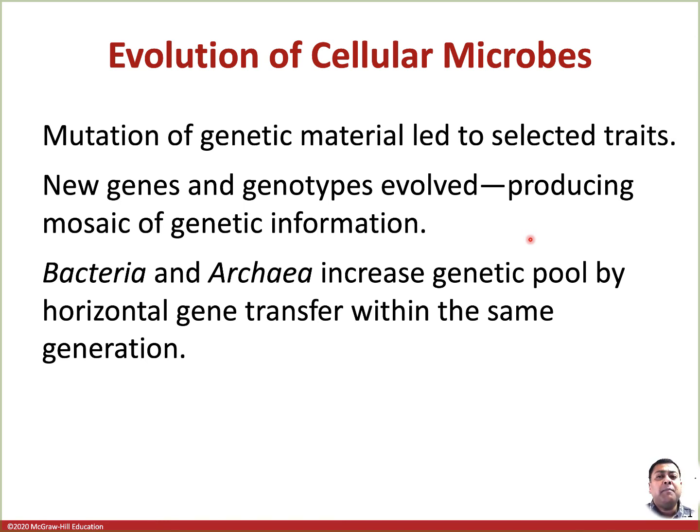So how does this relate? Remember that most of these ancient organisms, particularly the prokaryotes, the bacteria and the archaea, do not have sexual reproduction. They have a process of reproduction which we call binary fission, and there is horizontal transfer of genetic material, or vertical transmission of genetic material.